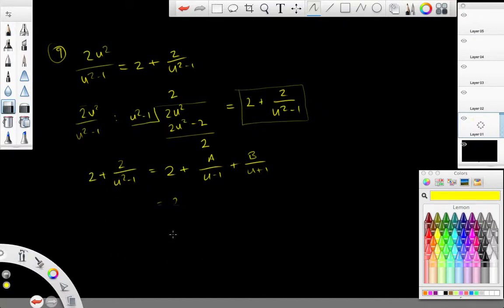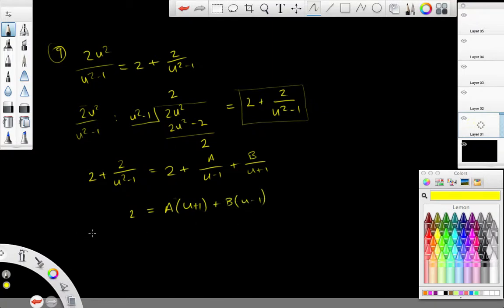We can equate these two fractions together. So the 2 on the numerator is equal to, with a single denominator, a single numerator, a times u plus 1 plus b times u minus 1.